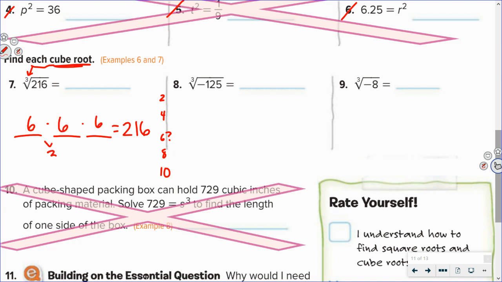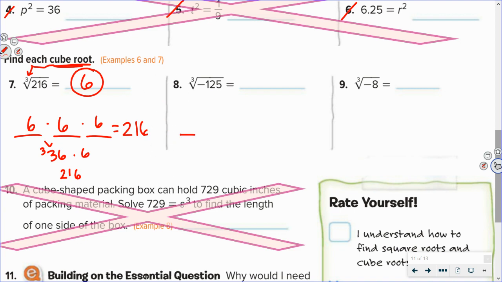Now 6 times 6 is 36. And if we multiply 36 times 6 again, 6 times 6 is 36, carry the 3. 6 times 3 is 18 plus 3. Ding, ding, ding. So we write, and remember, we're only writing 6. We're not writing 6 to the 3rd power. Onward we go to the next problem.